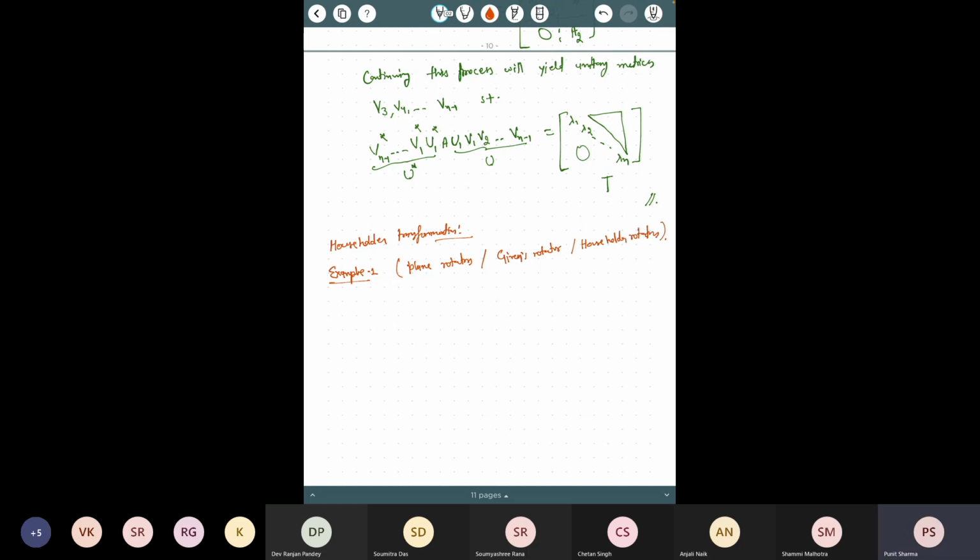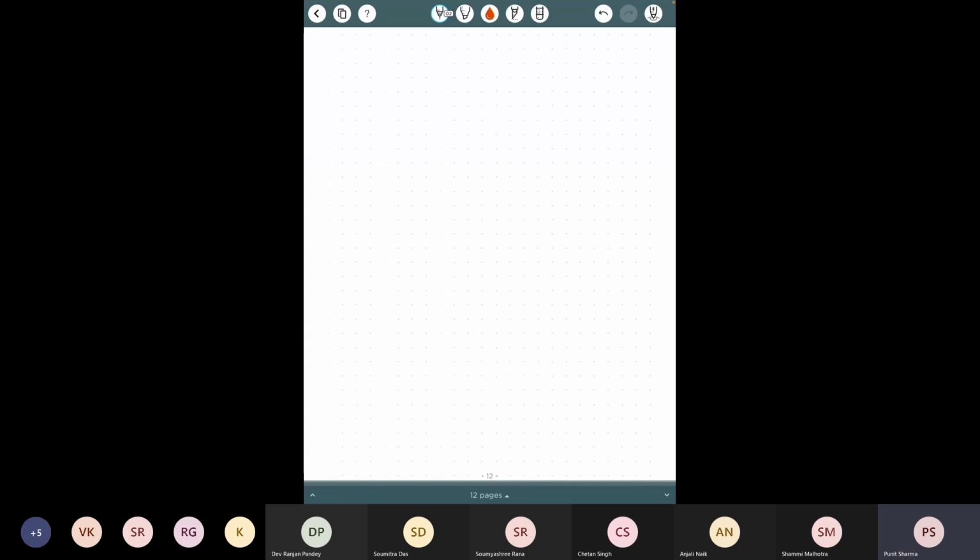So what is this? Let us look at the 2 by 2 case. In R2, you know what a rotation matrix is. If you want to rotate a vector by an angle theta, you can do it by using a rotation matrix.